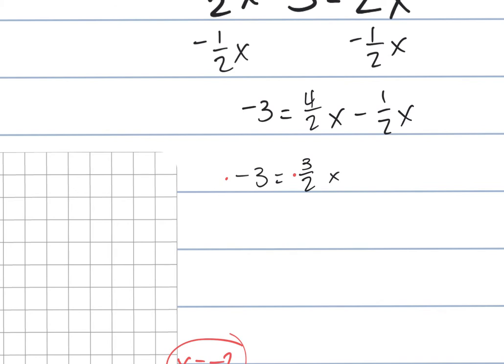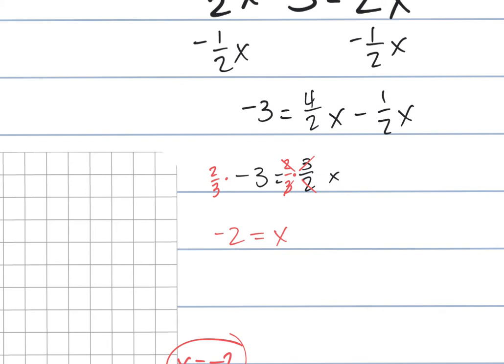Which is 3 over 2 times 1 over -3, or the other way. The reciprocal is just flip the fraction. So it would be 2 over 3. So we multiply by 2 over 3. Watch what happens. This goes away. This goes away. And we've just got -2 equals x.